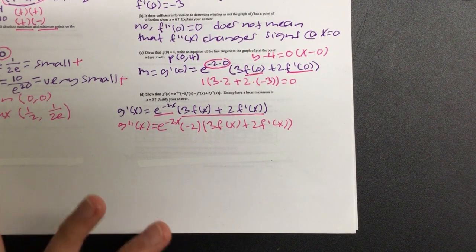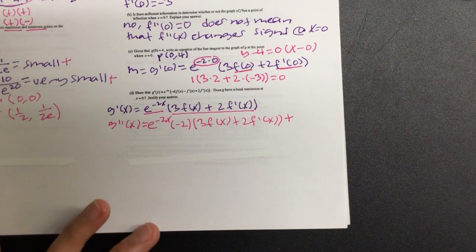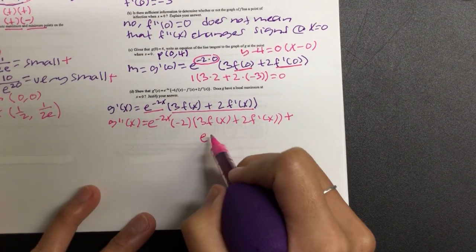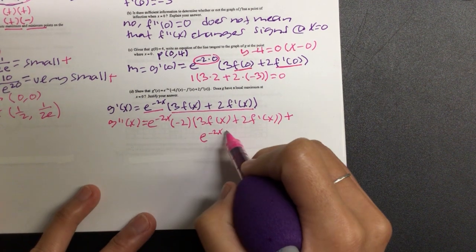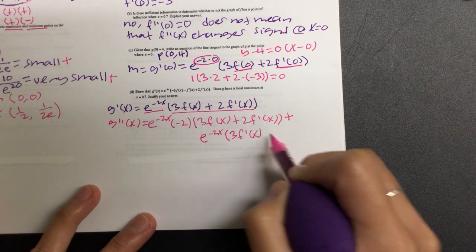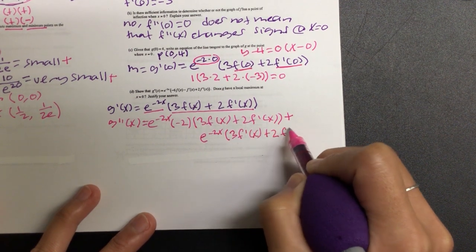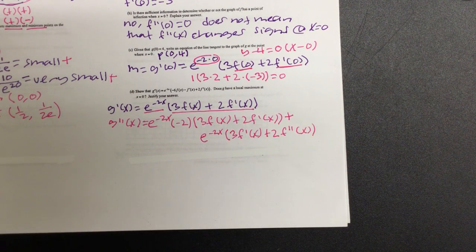Plus, then I'm going to keep the first one, which is e to the negative 2x, and let's derive the second one. My second one is 3 times f prime of x plus 2 times f double prime of x, because it is a derivative of the original.